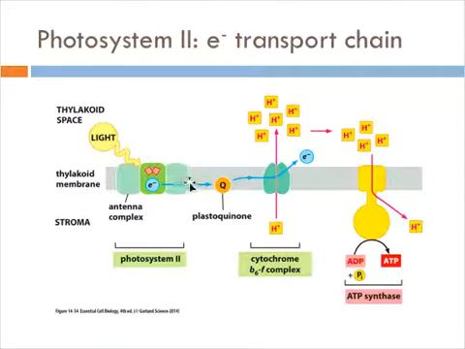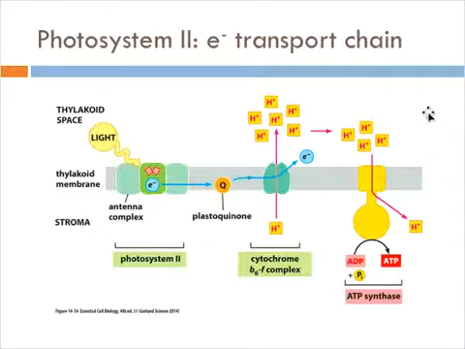Okay, so this is going to laterally diffuse through the membrane, and it's going to deliver that electron to a protein that's going to function as a pump called cytochrome B6F complex. So this is almost at this point exactly what we saw in electron transport. We are pulling a high energy electron through these embedded proteins and using the energy that was in that electron to pump protons. Okay, so very similar in mechanism to what we've already seen.